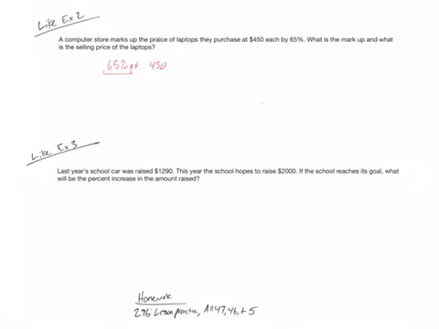One way is to set up the proportion: 65 over 100 is equal to x over 450, and solving that. Another way, which may be a little easier, is to multiply the decimal version, 0.65, times your number, 450, and you end up with 292.5. So that's how much they mark it up.